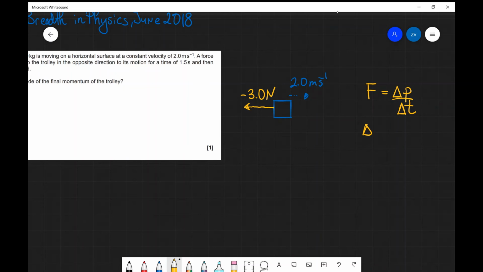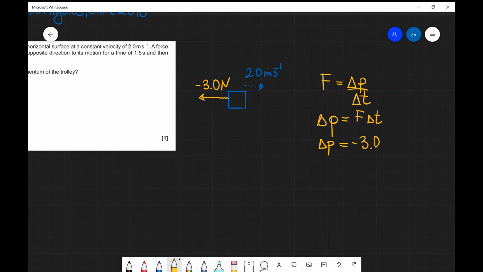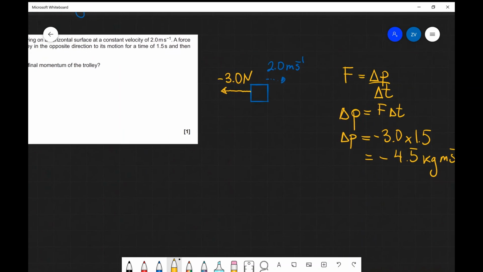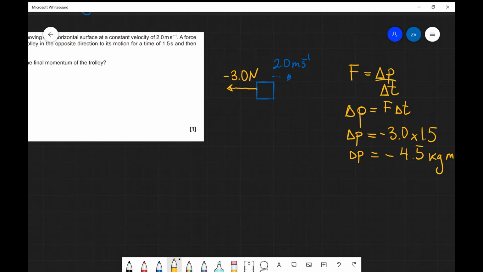So delta P is going to be F multiplied by delta T. So our change of momentum is going to be our force, which is minus 3.0 newtons, which acts for a time of 1.5 seconds. So it's going to be times 1.5, which is going to give us minus 4.5 kilograms meters per second for the change in momentum.